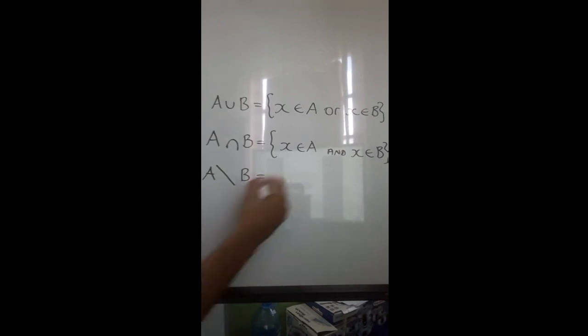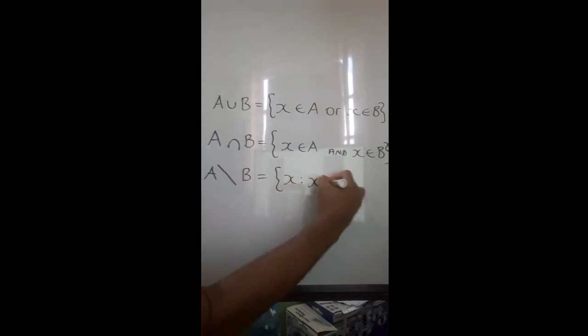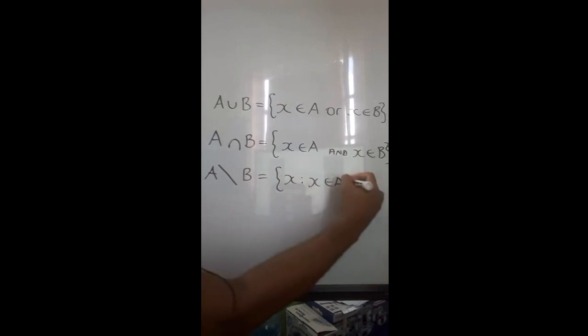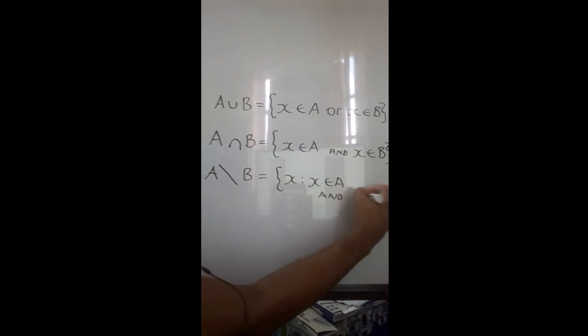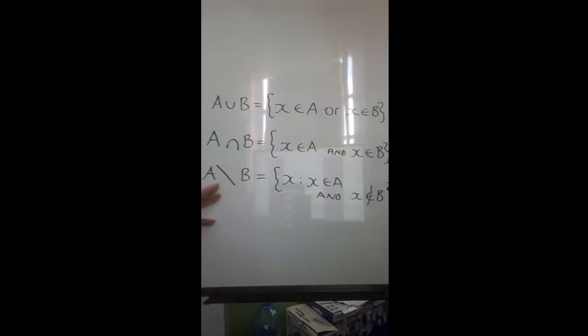I'm going to tell you a nice way of saying this. It's defined as all elements X such that X is in A and X is not a member of B. All right.